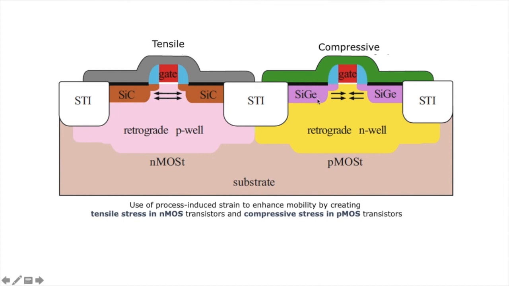Similarly, in silicon germanium, this material will be expanded in this way compared to normal silicon, and therefore there will be some sort of compressive strain that you develop. So by growing these two materials, silicon germanium in this case and silicon carbide in this case, you can have compressive strain and tensile strain in both PMOS and NMOS.